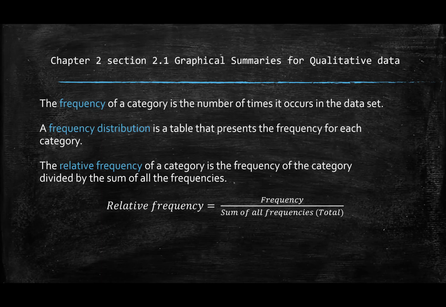Frequency is basically how frequently your data or variable appears, right? How often does your item appear in your data set? That's your frequency. And a frequency distribution table is basically where you organize your data into each category.